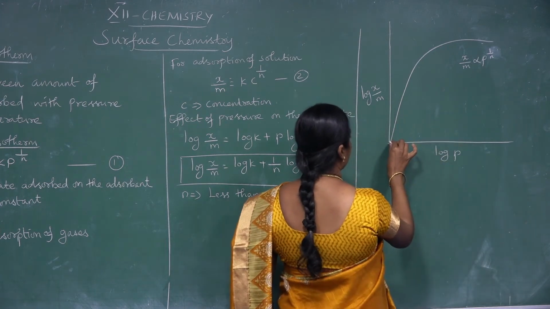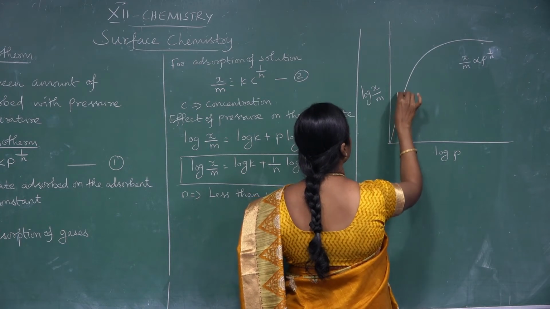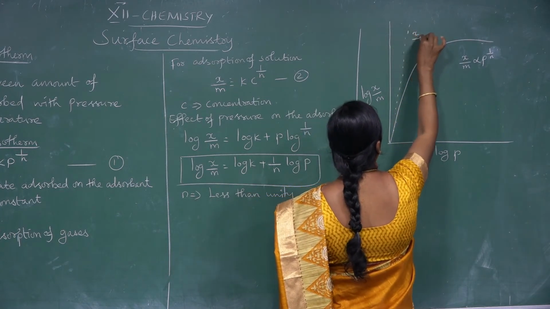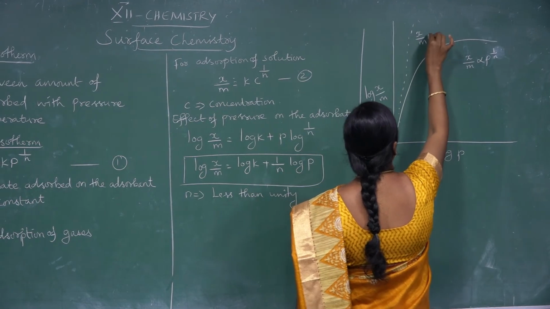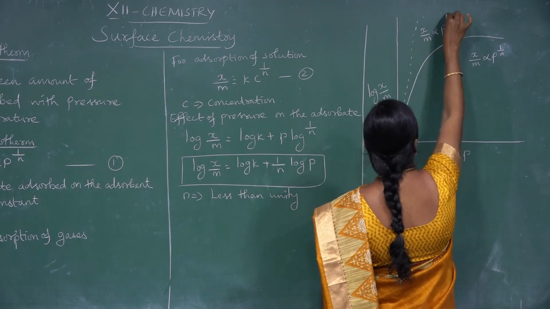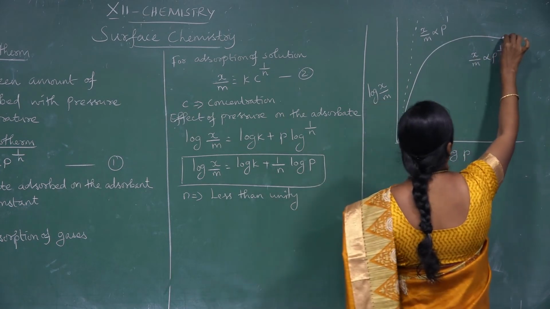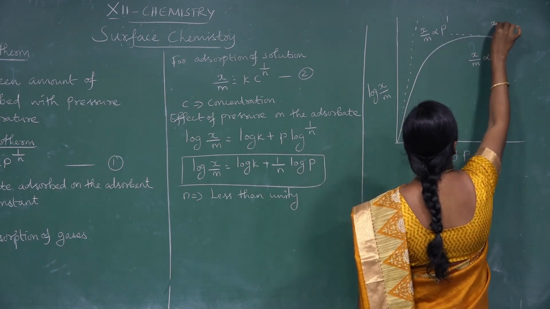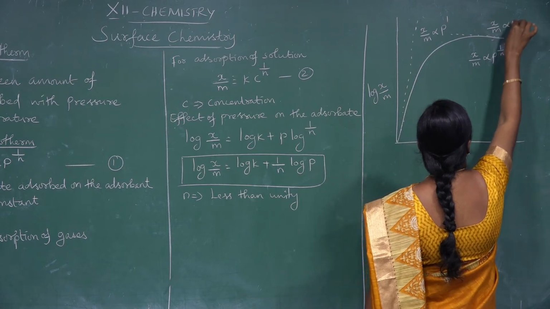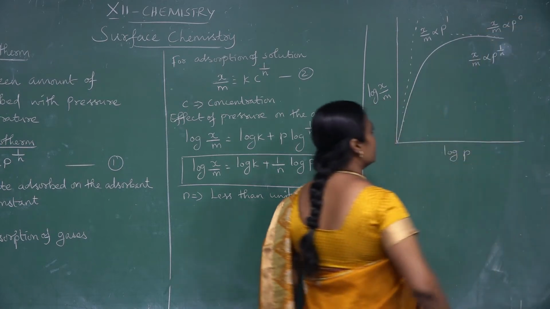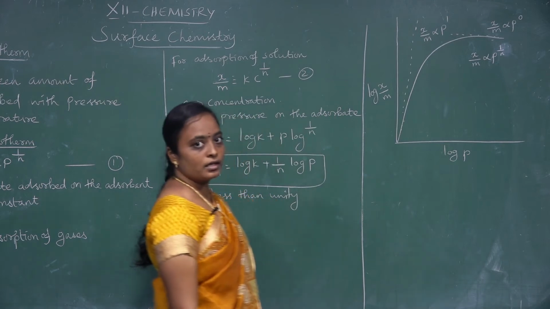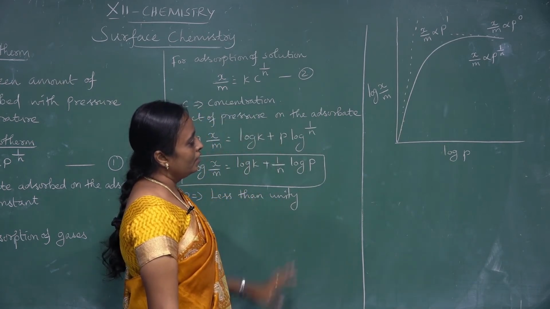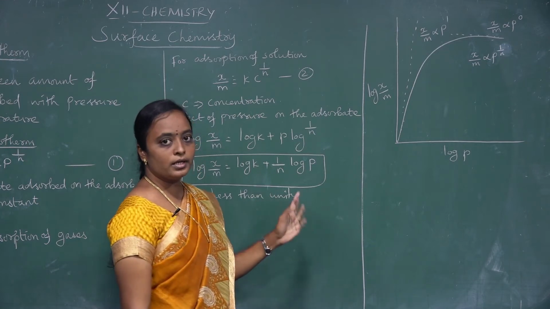Now if I take an extent of this, it gives x by m directly proportional to p power 1, and in the same way, at this value x by m is directly proportional to p power 0. So this gives different graphical values, drawn between the amount adsorbed and the pressure.